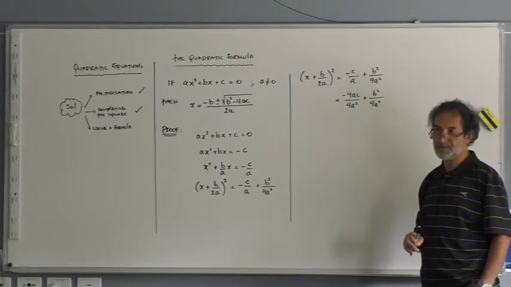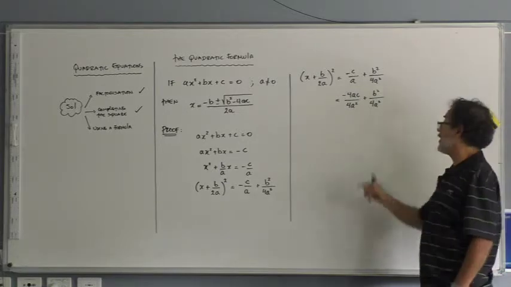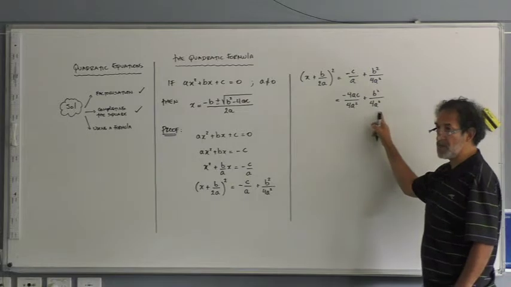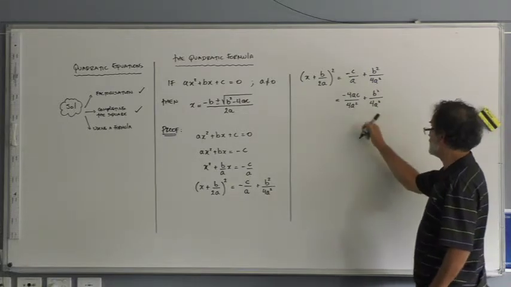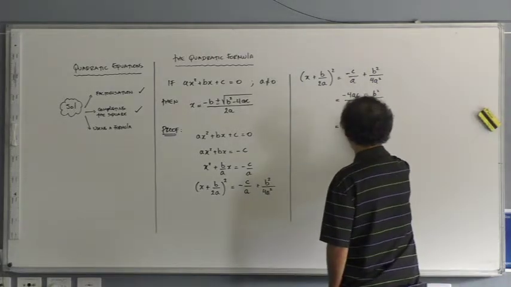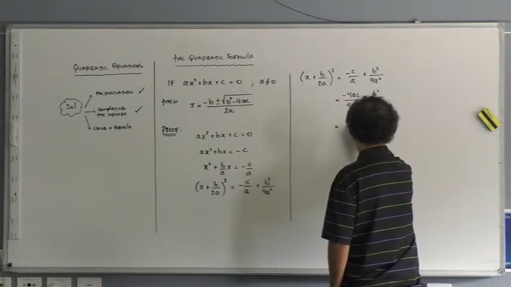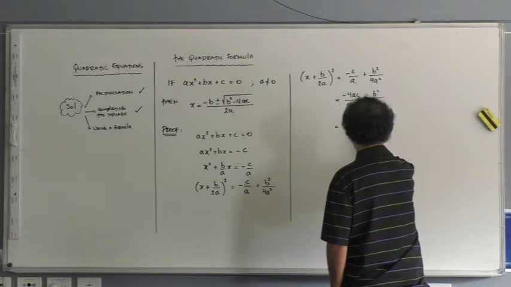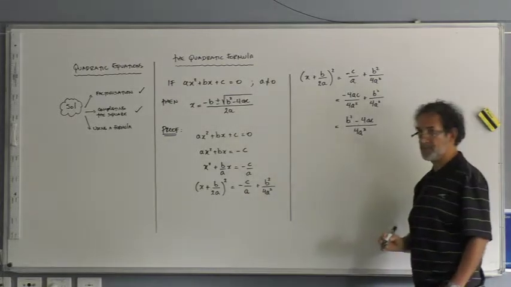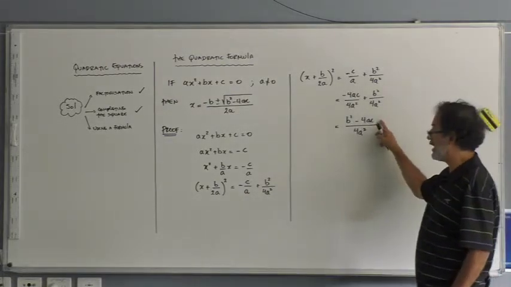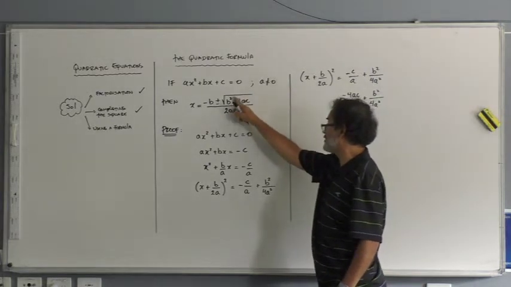Yes or no? Yes? Okay, so now we can put this together. I'm going to put b squared minus 4ac over 4a squared. And this is already looking like the formula. Can you see? In here we got b squared minus 4ac.